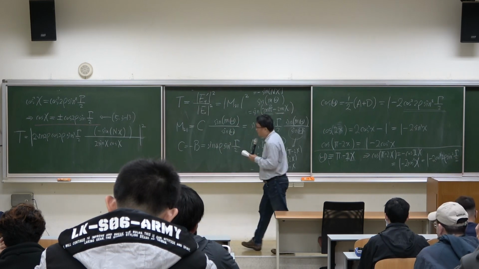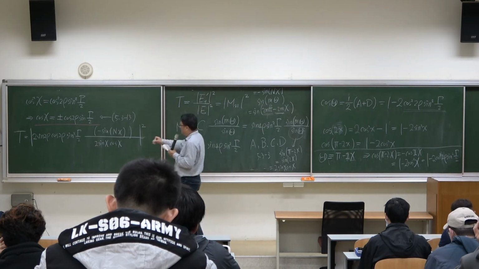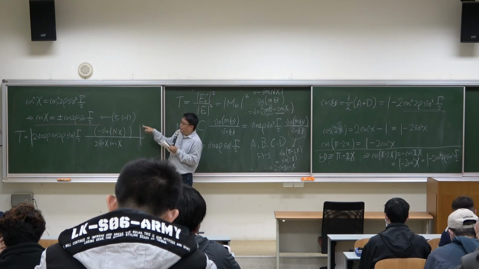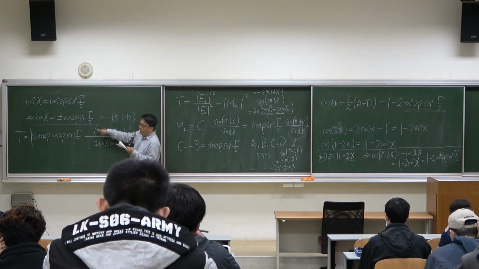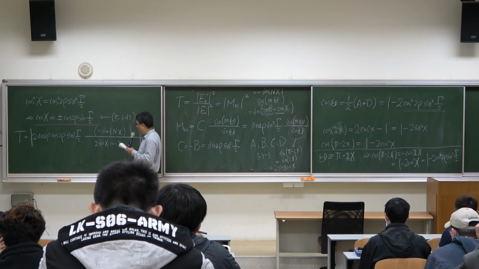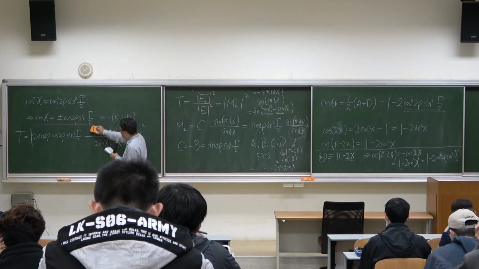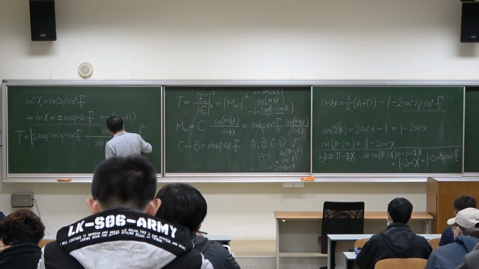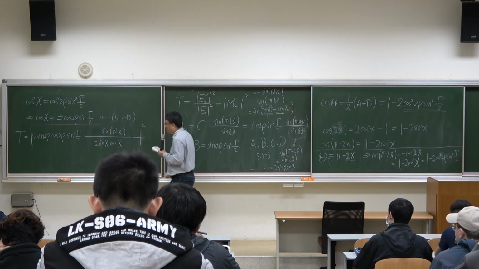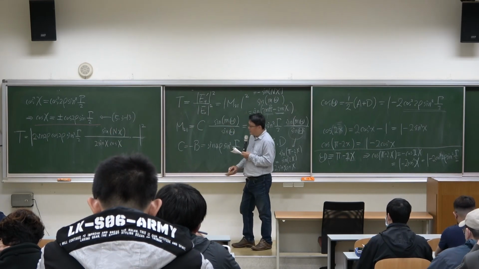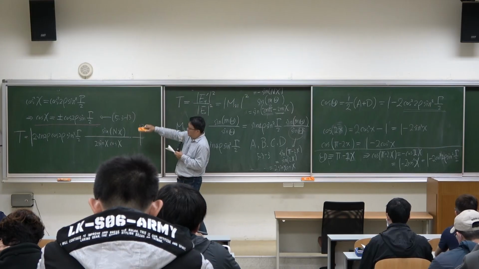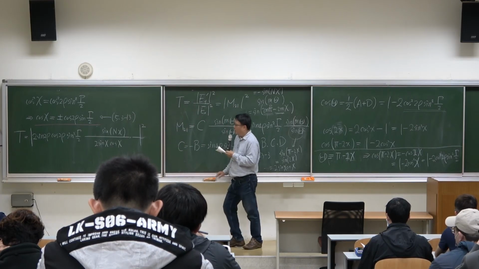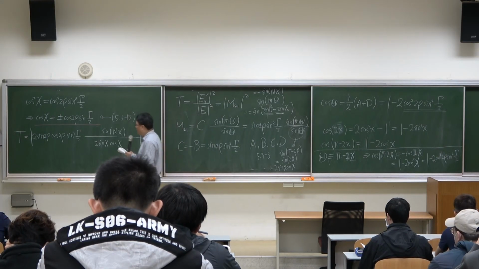But inside the absolute value, we can ignore the positive and negative sign here, because inside the absolute value sign we have a square.